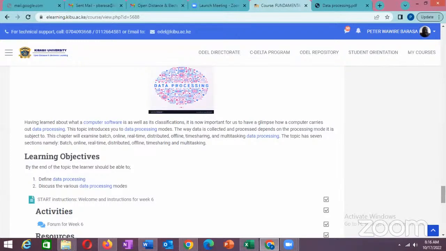The way data is collected and processed depends on the processing mode. This chapter will examine batch, online, real-time, distributed, offline, time sharing, and multitasking data processing. The topic has 7 sections.